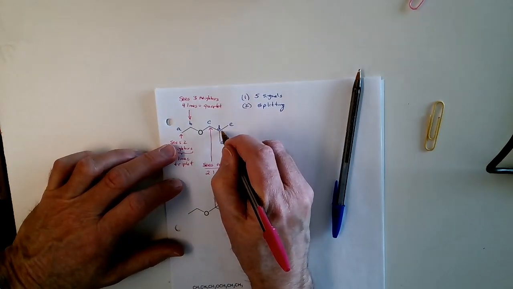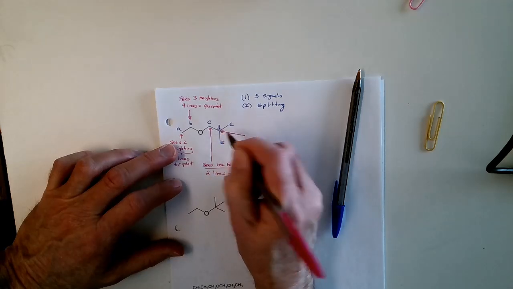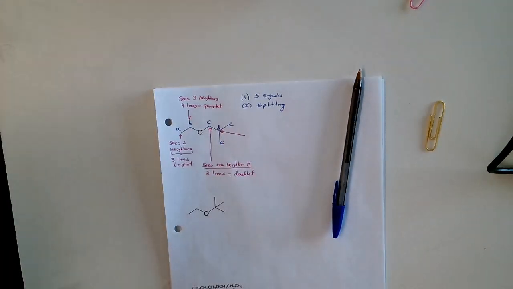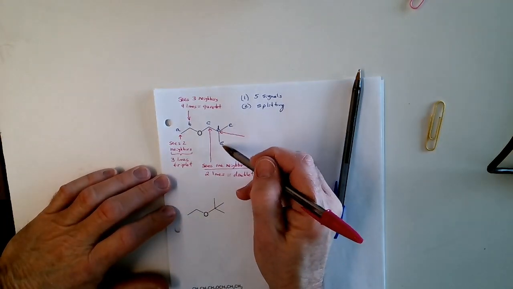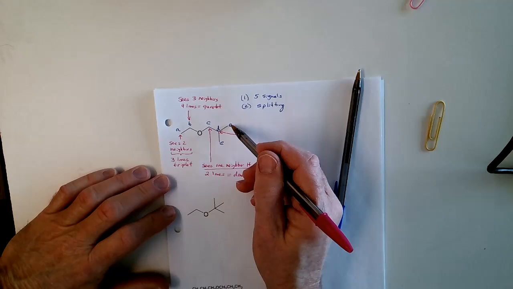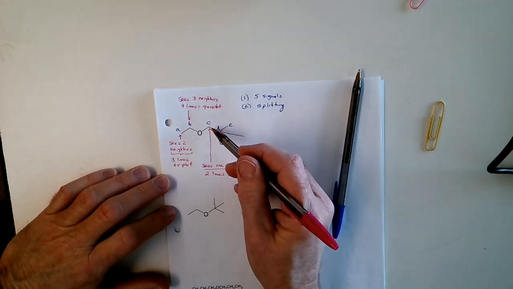Then right down here in the middle, here's where it gets to be interesting to count. There is only 1 hydrogen right there. Okay, I think we're all okay with that. And it sits there and it makes its own signal. But look how many neighbors it's got. It's got 3 in this direction, and 3 in this direction, and 2 in that direction. That's 8.